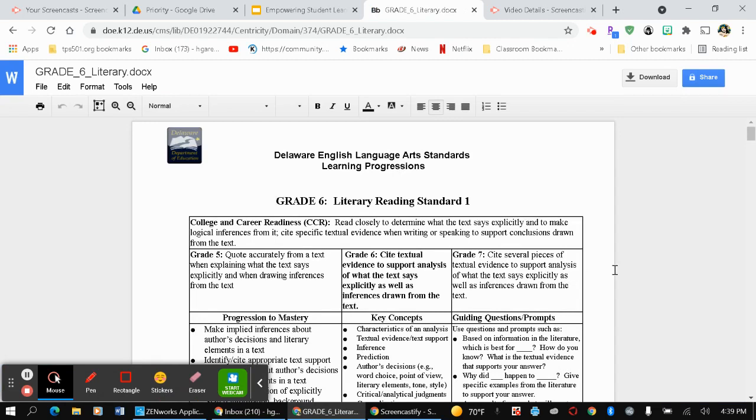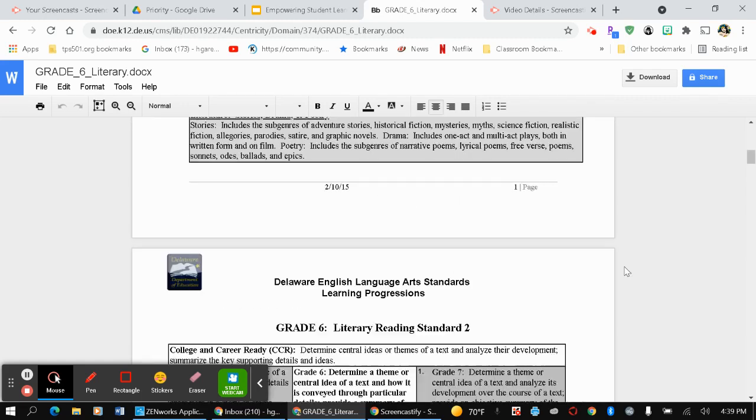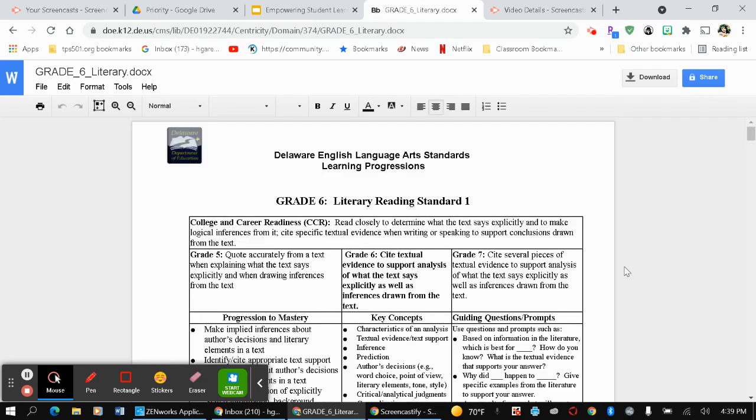Just to take one look at a particular standard in English language arts, the standard is listed here, CCR: Read closely to determine what the text says explicitly and make logical inferences from it. Cite specific text evidence when writing or speaking to support conclusions drawn from the text. It has the vertical alignment in grade 5. This is what the standard said.